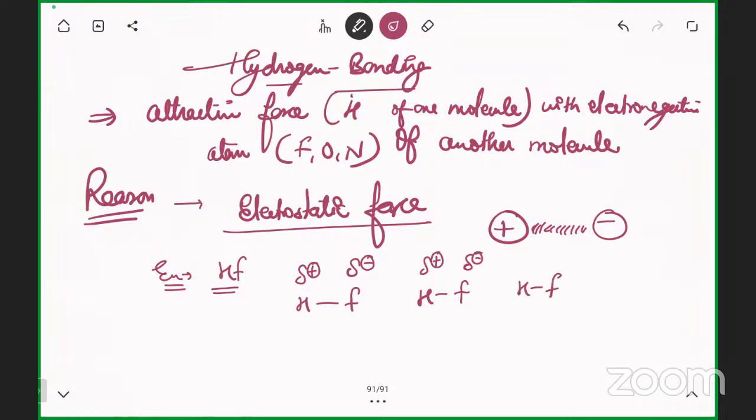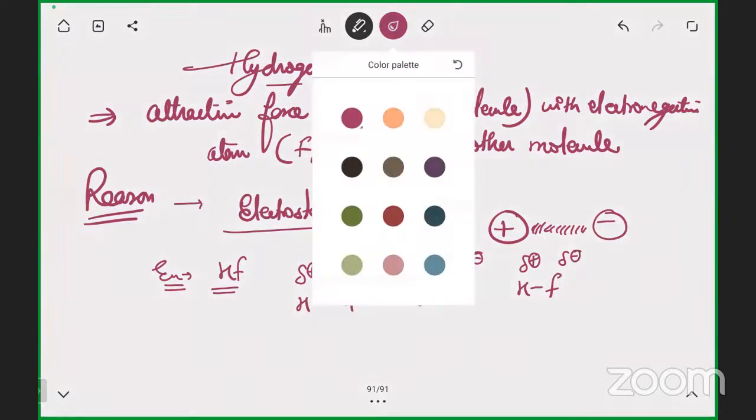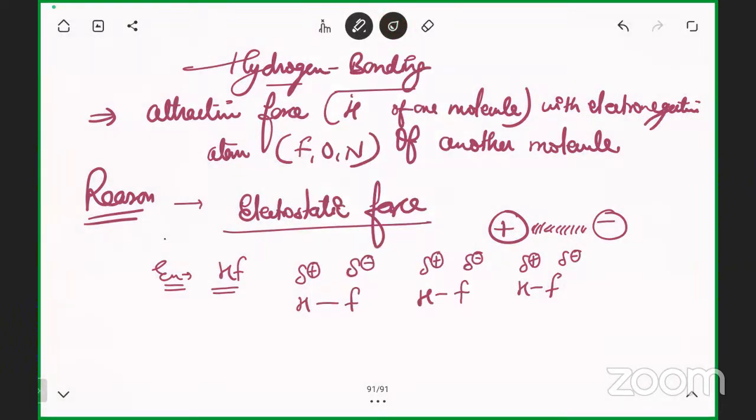Now the negative of this will attract the positive of this. So there is a sort of attraction between the negative and positive ends present in the molecules. That's why I'm saying it is an electrostatic force of attraction.